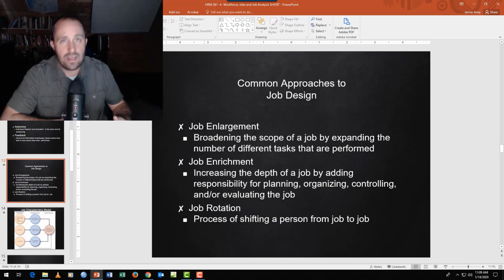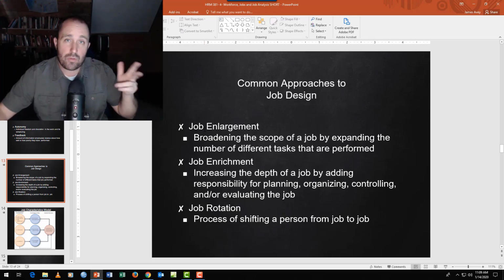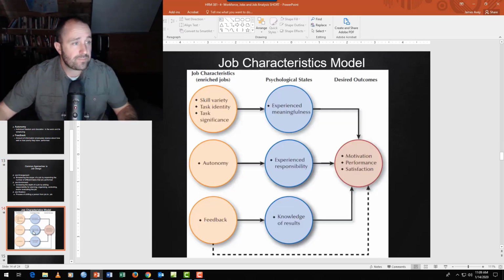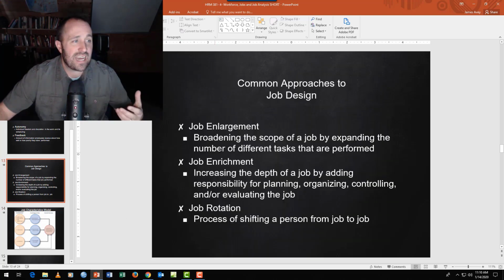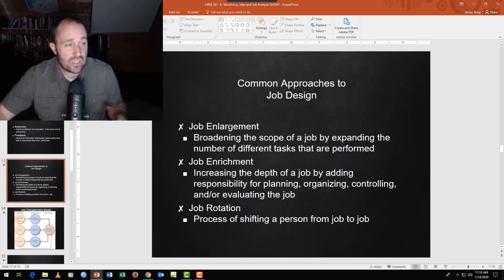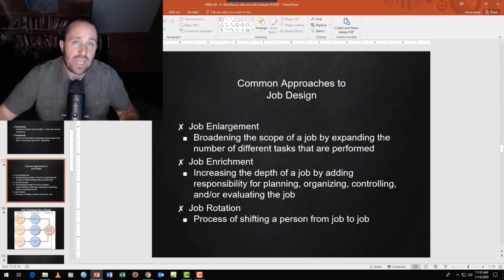You can already imagine that's going to impact those top three areas specifically: variety, identity, and significance, and also probably a little bit of autonomy and maybe a little bit of feedback. So job enlargement for us is kind of the middle one. It happens naturally, like I said, when there's less staffing, but we can also design jobs to hit more of those areas.